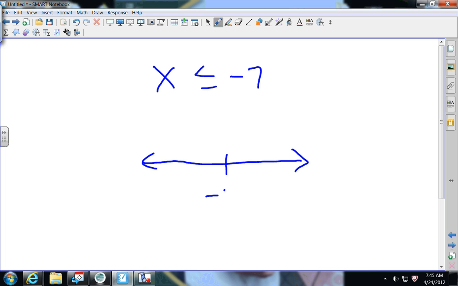Now, at -7, what kind of dot do I put here? A closed-in dot. Less than, I'm going to shade to the left. So now, is -7 a solution? Yes, because it's equal to. What about -7.5?